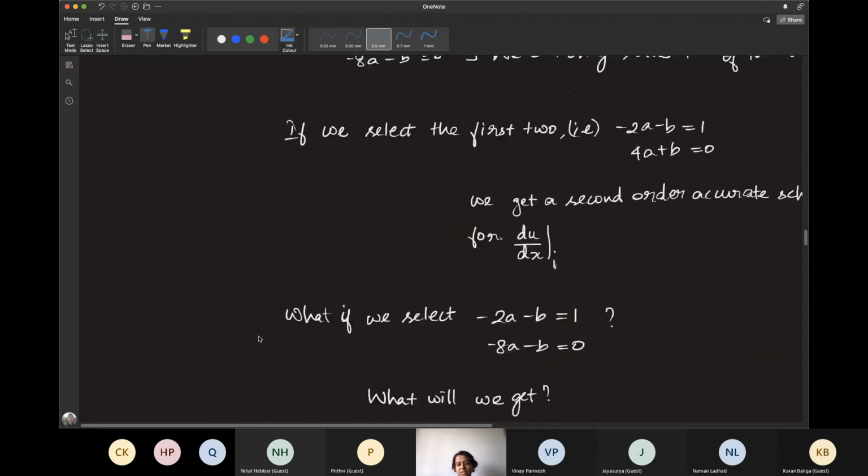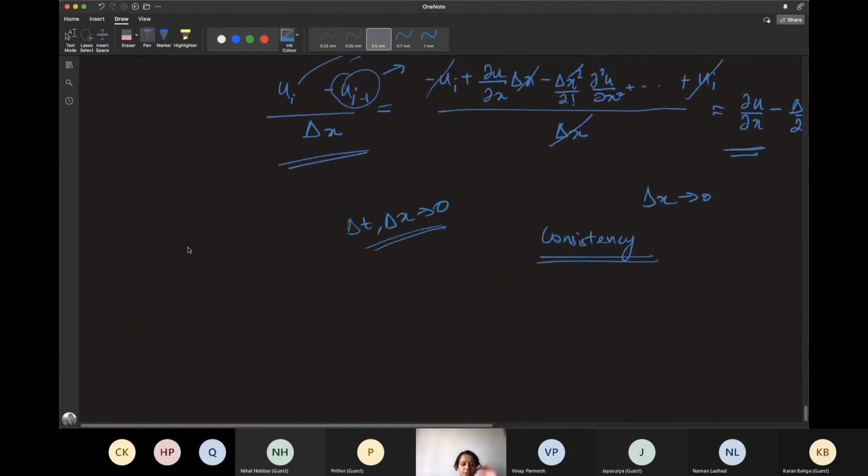Any good scheme, if you are constructing any numerical scheme, first, it should be consistent. Then only are you essentially solving your differential equation. If not, then you're not solving the differential equation at all. When your discrete terms, delta x and delta t, go to 0, your difference equation must approach your differential equation.